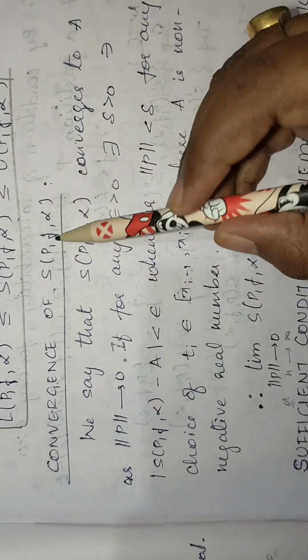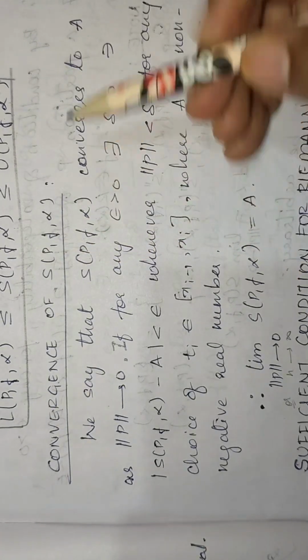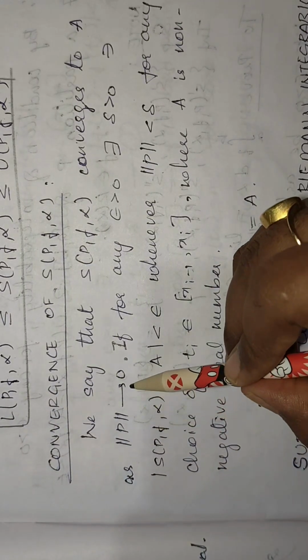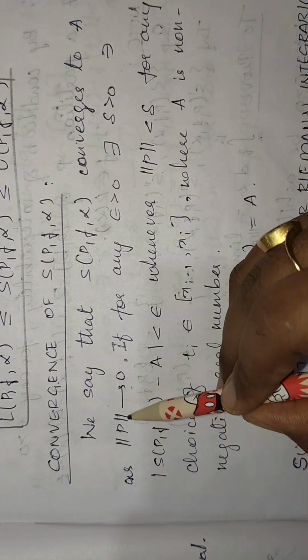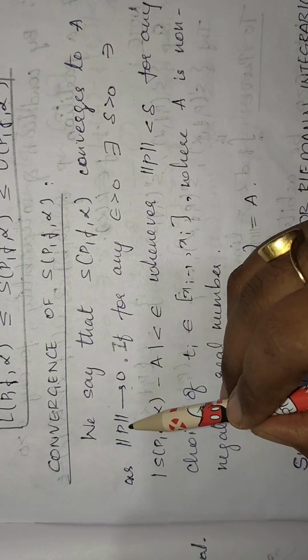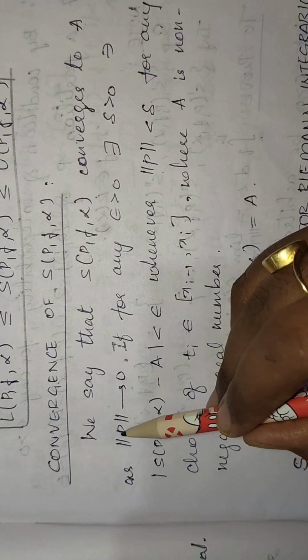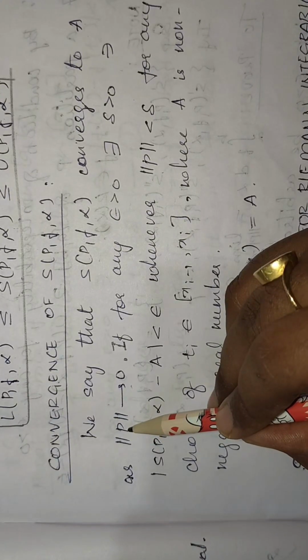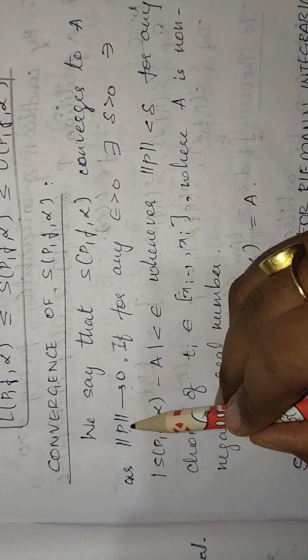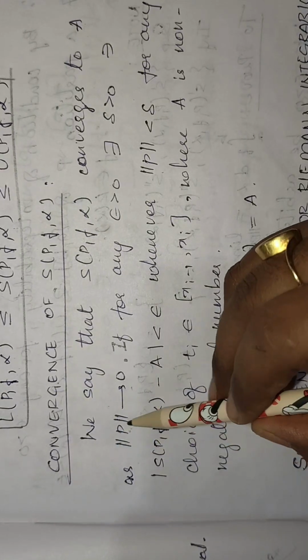We say that this sum S of p comma f comma alpha converges to A as norm p tends to 0. Norm p is actually the maximum length of the subintervals. Whichever partition you take, you construct subintervals, and from the collection of those subintervals you take the maximum length. That is denoted by norm p.